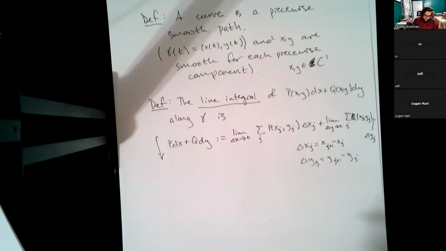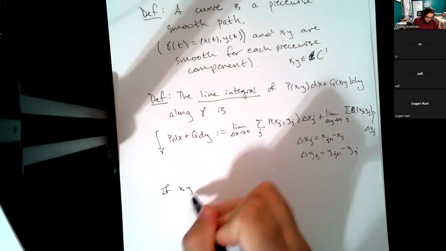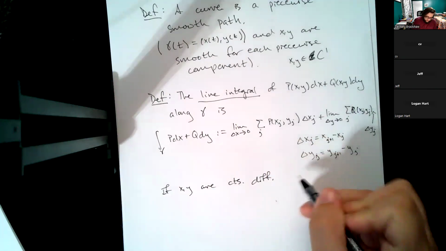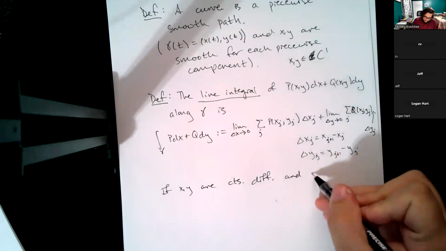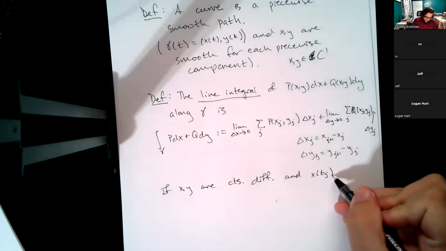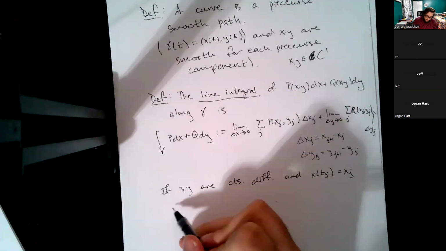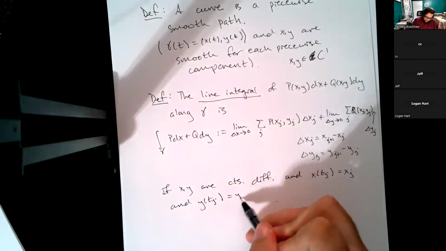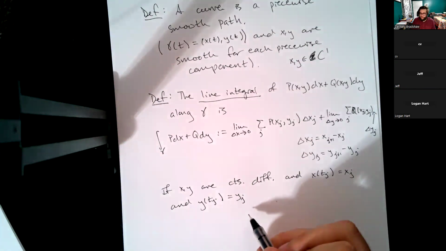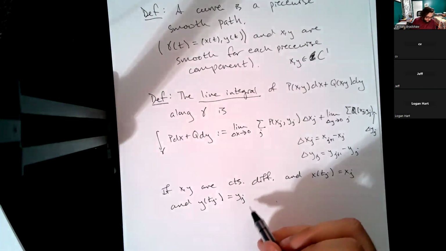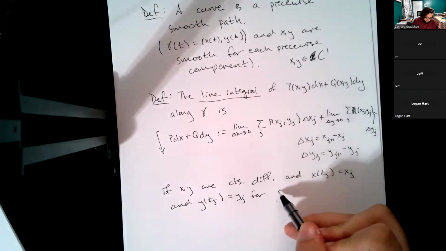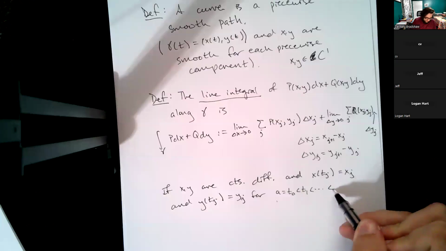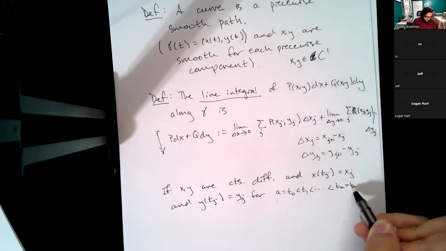Okay, if x and y are continuously differentiable, and x of tj equals xj, and y of tj equals yj, so we're parameterizing our coordinates again, for a equals t0 less than t1 up to tn equals b.